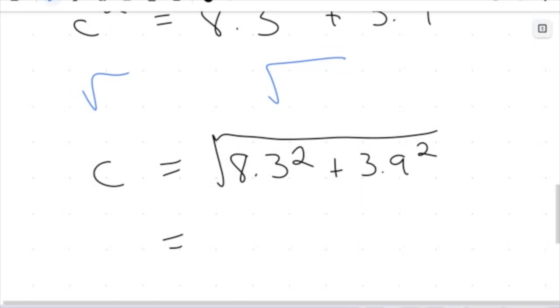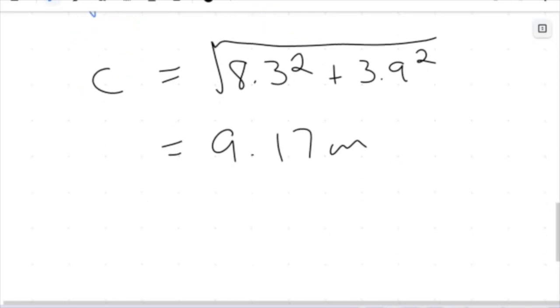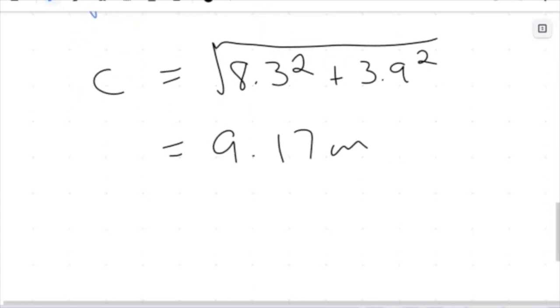So when I pop all of those into my calculator, I'm going to wind up with, to two decimal places, 9.17 meters.